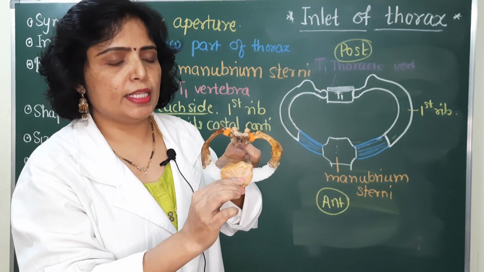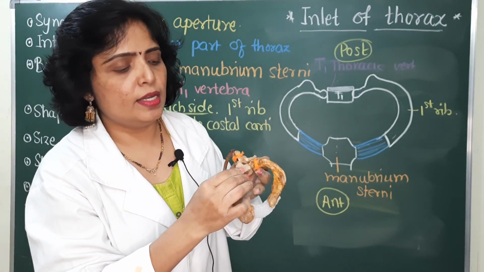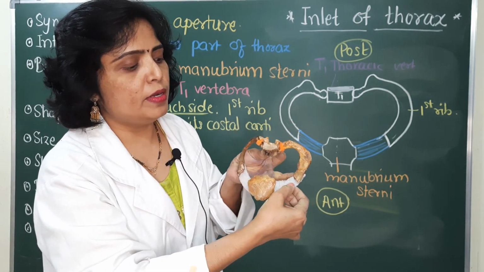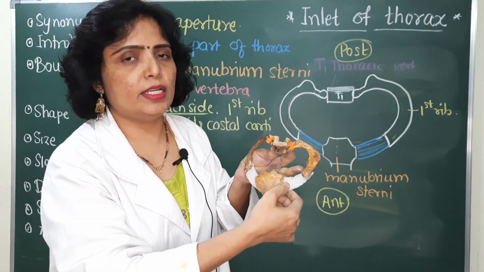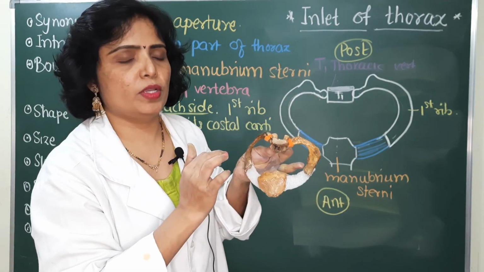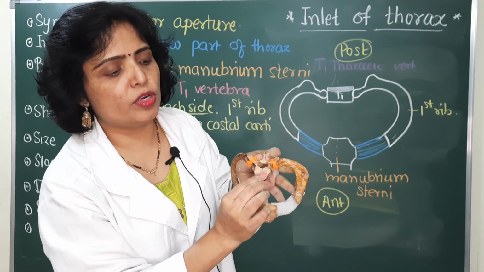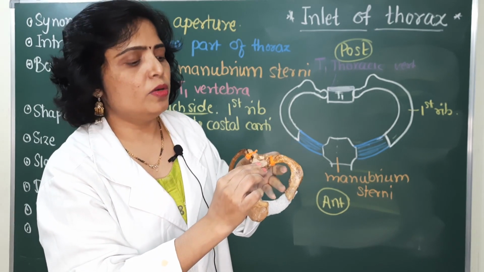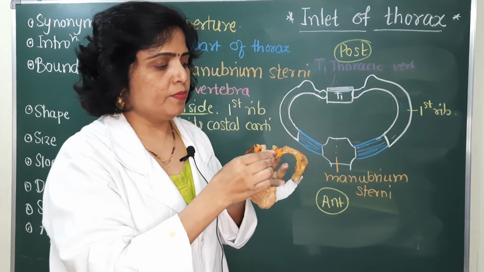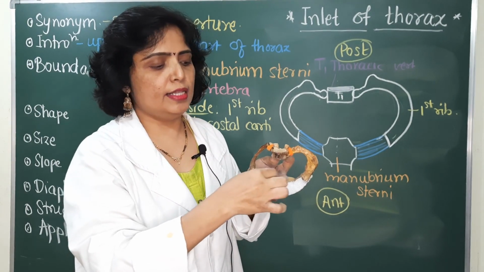This is the manubrium, this is the first thoracic vertebra, and these are the two ribs on either side, and the white paper I have attached shows that these are the costal cartilages of the first rib. This is the body of the vertebra, and this is the spine. I have attached these ribs to the vertebra. Now coming to the inlet of the thorax, here is the inlet of the thorax.